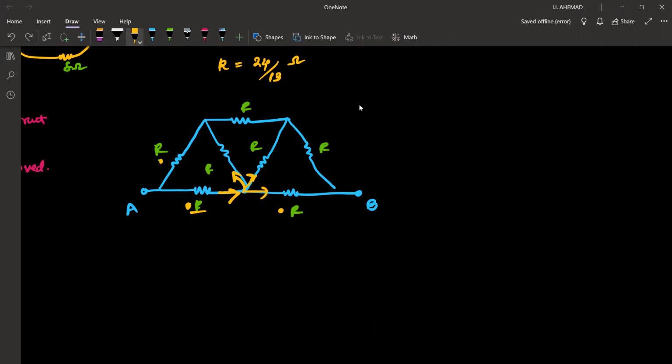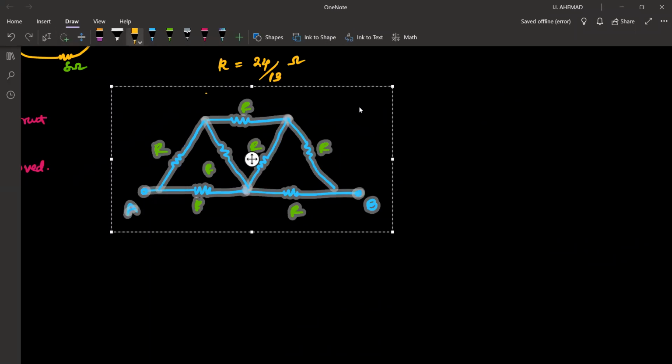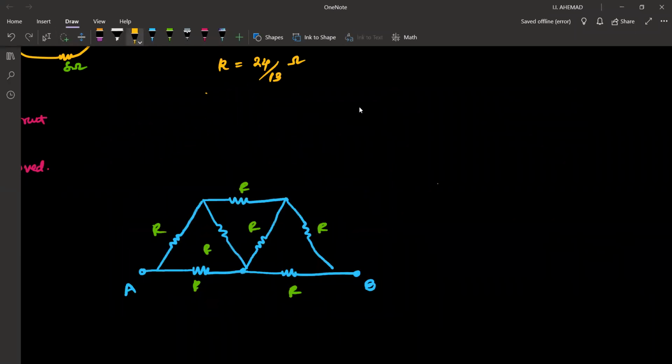Therefore, here, do you find any series or parallel combination? No, right? We don't have any. So let's use some other method to solve this resistor.